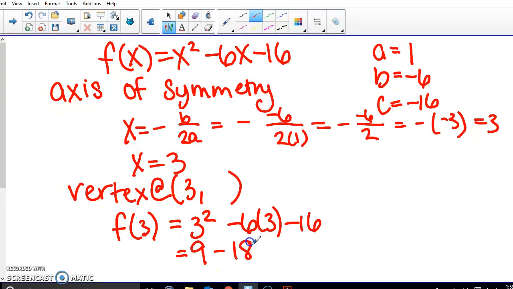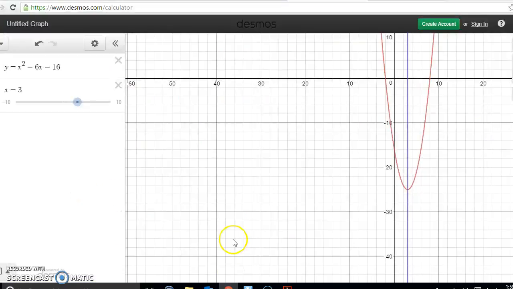So 9 minus 18 minus 16 equals negative 25. So our y-coordinate of our vertex is negative 25. So our vertex is at 3, negative 25. And going here, we have our coordinate 3, negative 25.